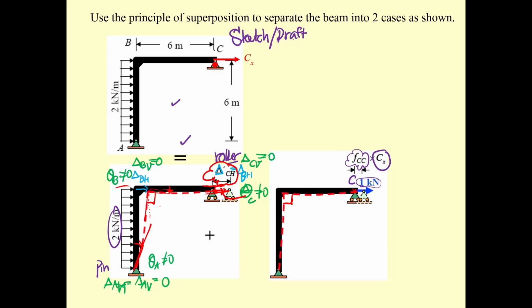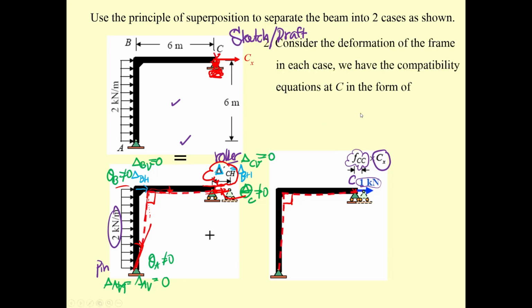You use your imagination, you use your engineering sense, the same as the architecture students, they also use imagination. Now, over here you have the roller, but the roller has the C sub X to prevent the movement. So over here, you should have the compatibility condition of 0.